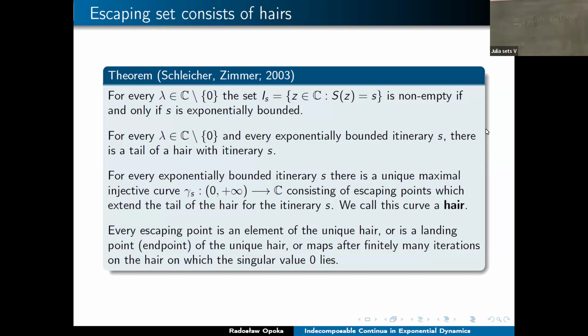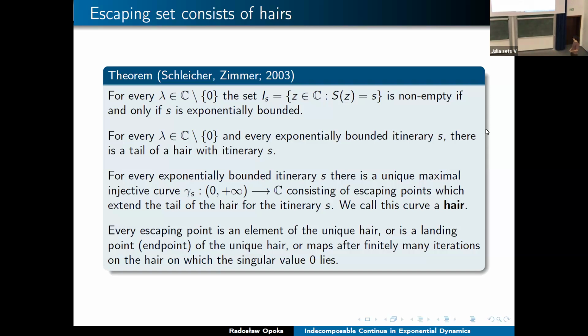The main thing to know is the characterization of the set of escaping points. Every escaping point must satisfy one of 3 conditions. The first is that this point lies on a hair. Or the point is the landing point of a unique escaping hair.